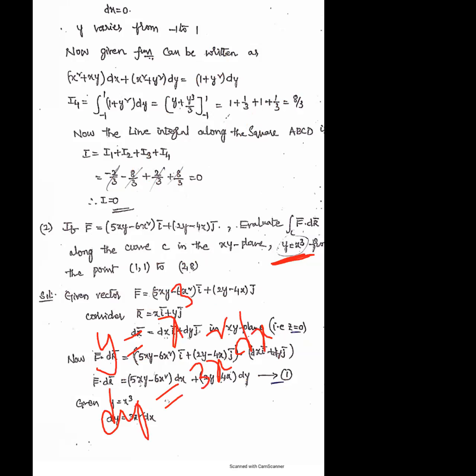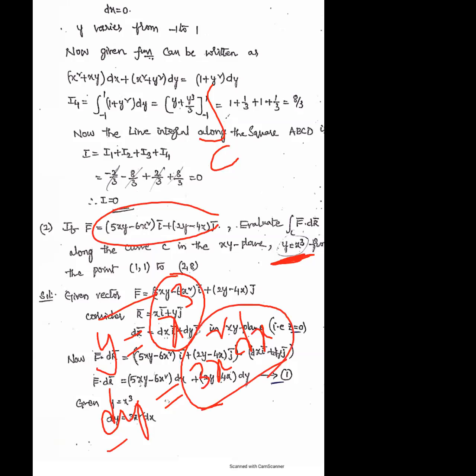In the given problem, x and y both variables are available, so to apply line integration we must convert either x into y or y into x. But the problem says to convert y as x, since y equal to x cube is given. Now applying the derivative on both sides, dy equal to 3x square dx. So I replace y by x cube and dy by 3x square dx in F bar dot dr bar.